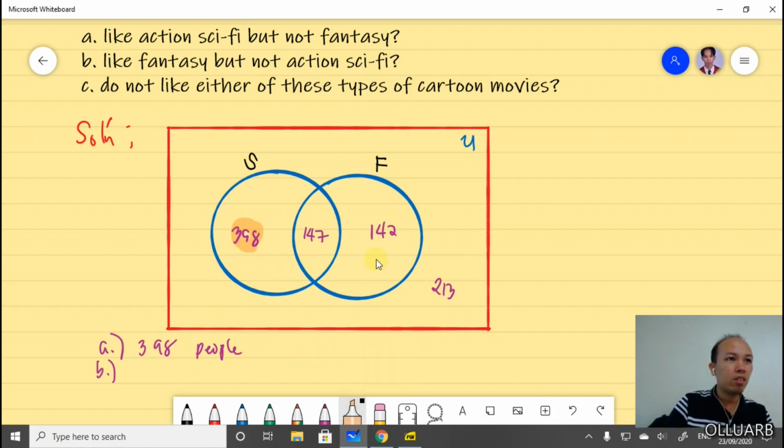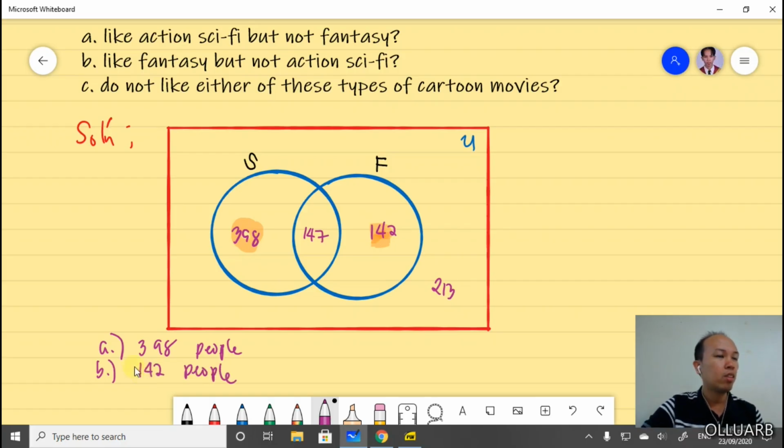These are the people that like fantasy but not action sci-fi. Let's wait again for the program to respond. Okay, the answer is 142 people.